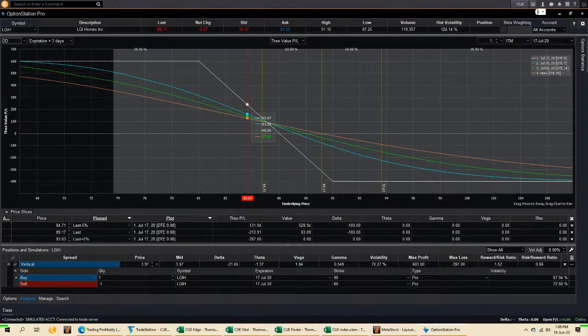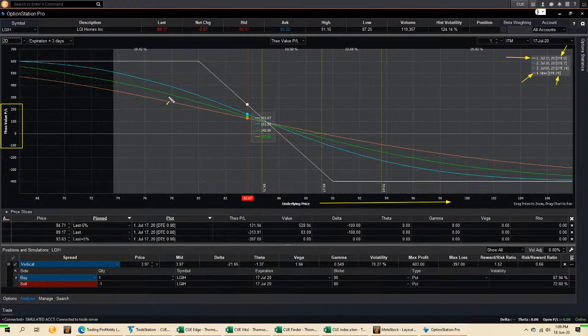using the PNL graph. On the left hand side is the trade PNL and the x-axis is stock price. I have set up TradeStation to draw multiple lines. The white line is at expiry, days to expiry is 0, and the orange line is today, days to expiry is 29 days.